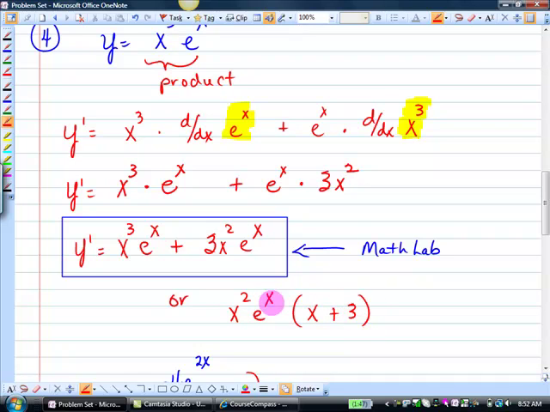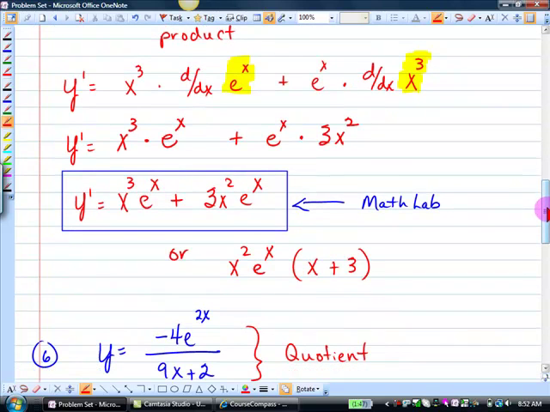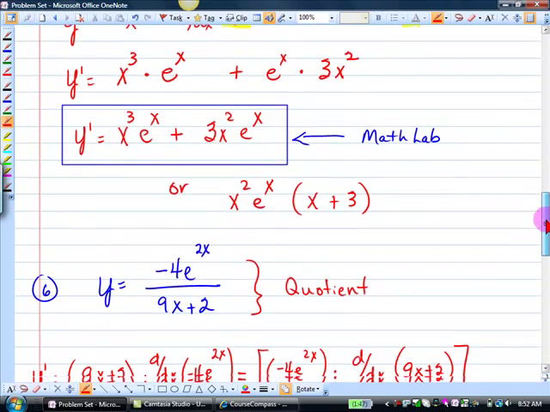So that's simplified a little bit more, but Math Lab lets you put it in like this. Okay? So you're using those rules that we got yesterday, the product rule, and we're about to do the quotient rule. Anytime you take derivatives, you've got to remember those rules. We're just getting different little pieces of information today with the e to the x. All right.